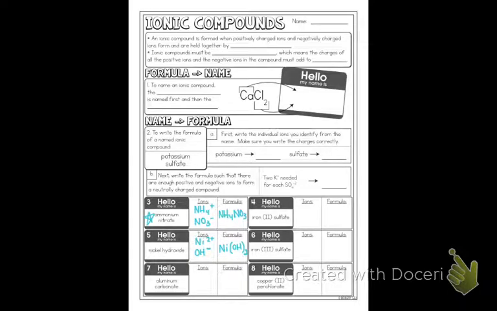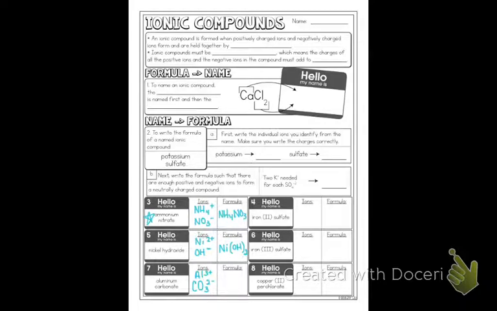The next one is aluminum carbonate. Aluminum is not a transition metal. Aluminum is in group 13, so it has a charge of +3. Carbonate is a polyatomic ion. You won't find that on your periodic table, but you will find it on your chart in your notes, and that's CO3 2-. So I need to find a common factor between these two charges.